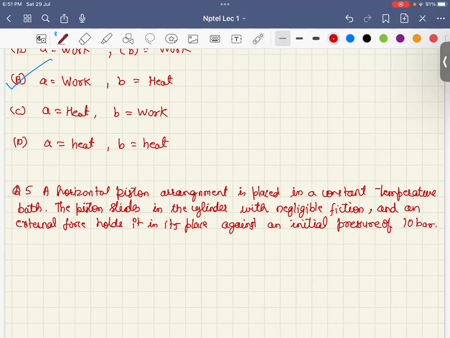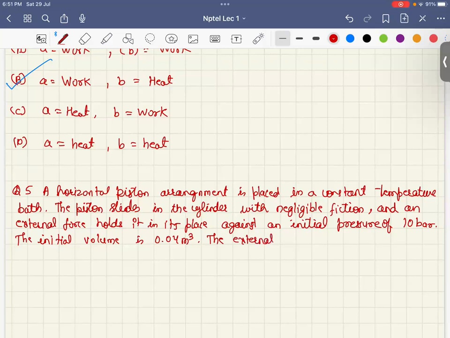The initial volume is 0.04 meter cube, right?